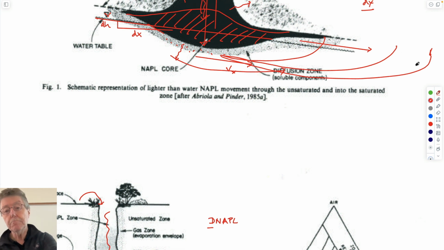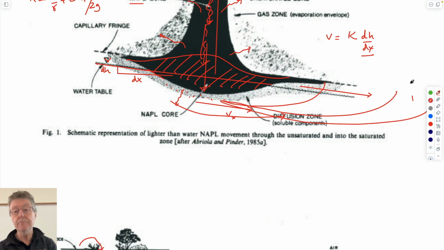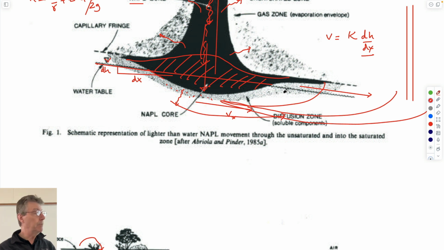We could, if we want, put a well in here and suck this out. And so we could stop it from going any further by doing pump and treat. But of course that wouldn't do anything to stop the source keeping on supplying very low concentrations of dissolved components, which are toxic at parts per million and parts per billion concentrations.